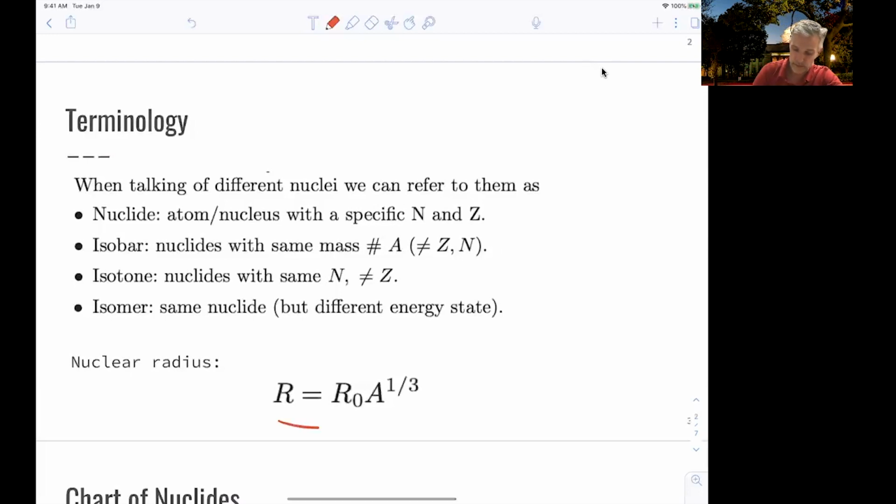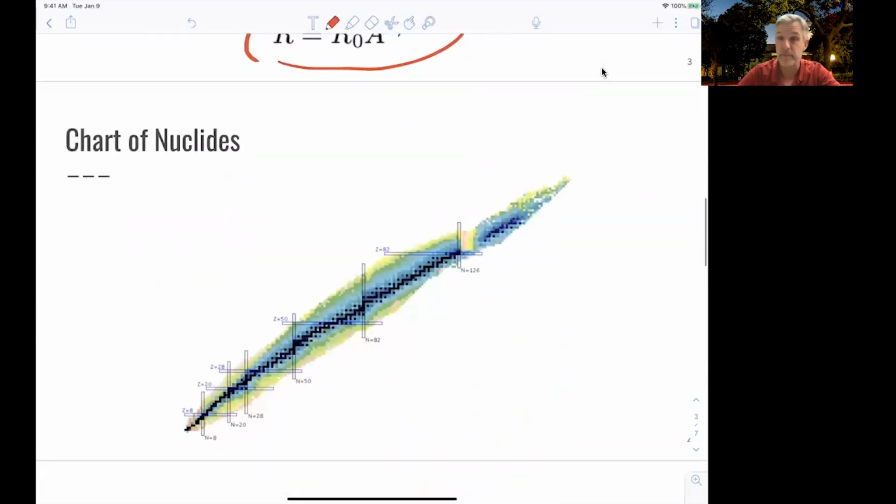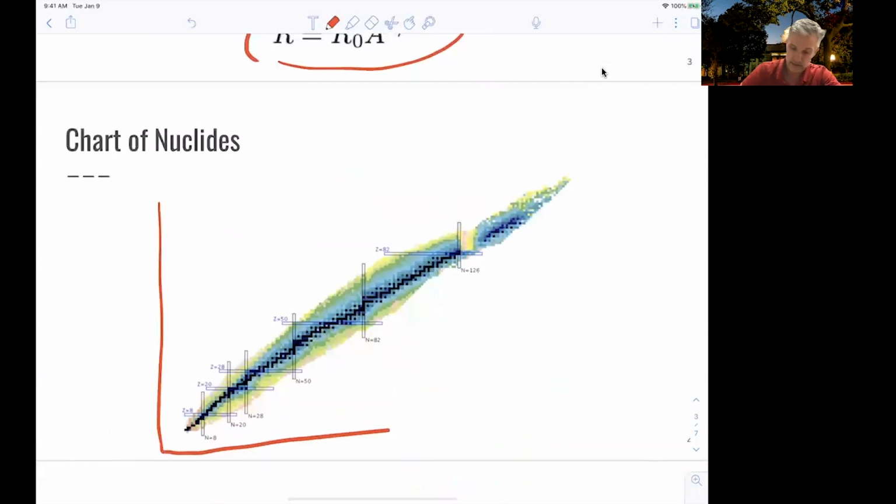The nuclear radius can typically be extracted from the mass of the nucleus. We simply add little balls to the sum, and it scales with A to the 1/3, where A is the number of nucleons in this nucleus. There are many isotopes, many nuclides, and you can look at all of them, or a subset of them, in nuclear charts, as given here, where we plot the number of protons and here the number of neutrons.